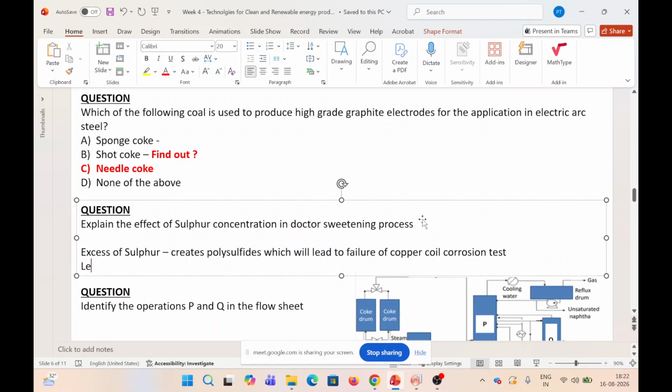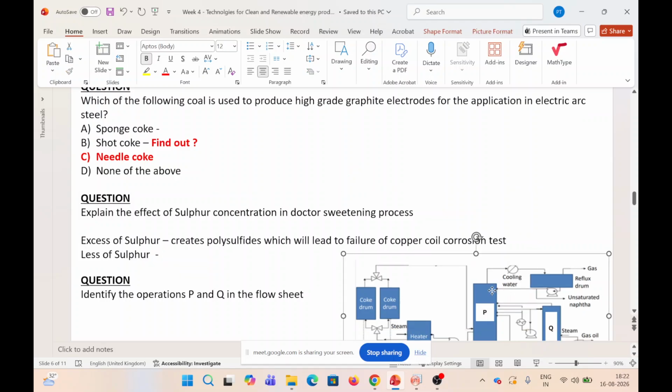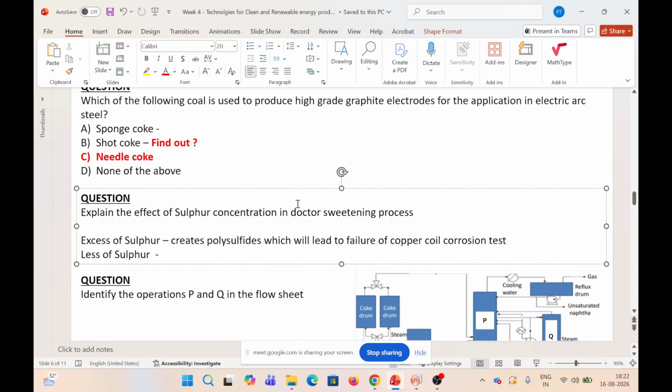Now tell me what happens if there is less sulfur. In case of less sulfur, lead oxide will form, because the PbS will react with the oxygen, leading to the formation of lead oxide.